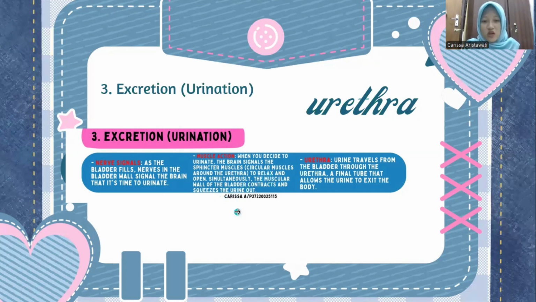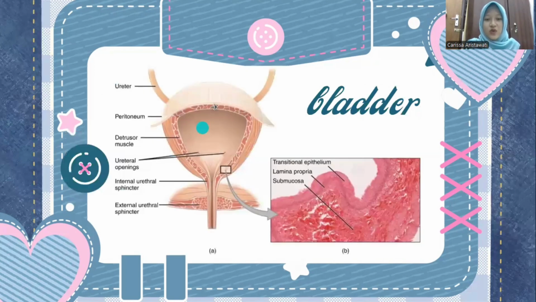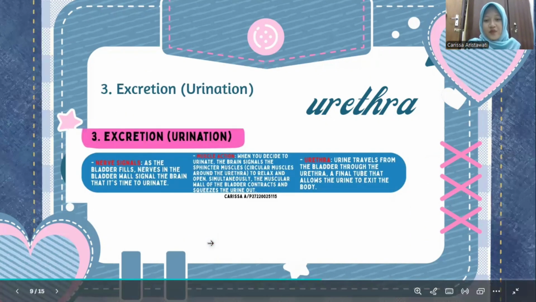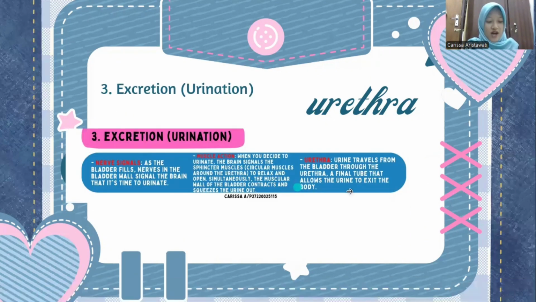The muscular wall of the bladder contracts and squeezes urine out of the body through the urethra. So the urethra is a tube that transports urine from the bladder to the outside of the body during urination. Urine travels from the bladder through the urethra, a final tube that allows the urine to exit the body.